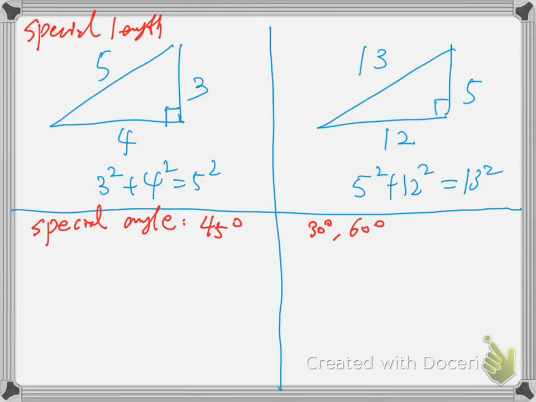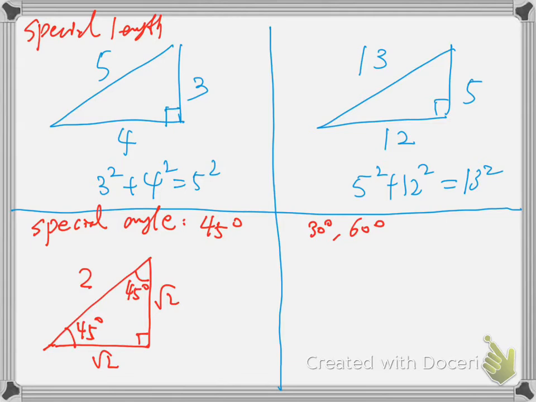The two legs should be the same length. If this angle is 45, because we know the other one is 90, then this is another 45. Two angles are the same. So what's the corresponding length? You can use 1, 1, radical 2 or radical 2, radical 2, 2.